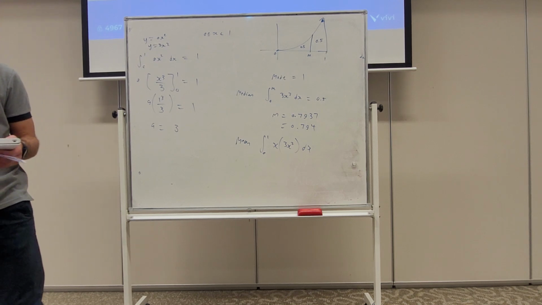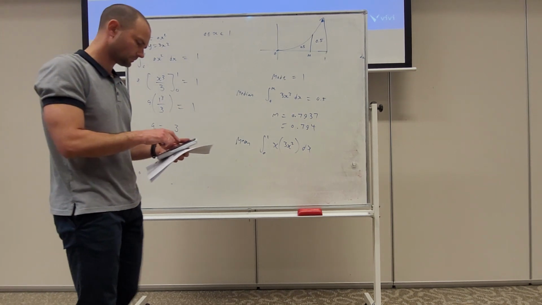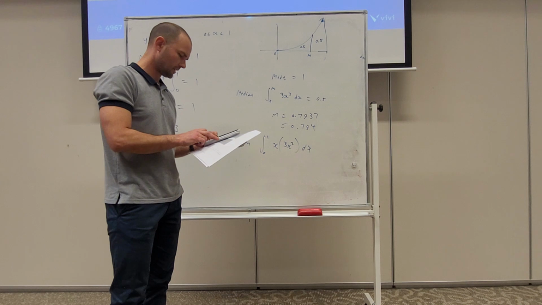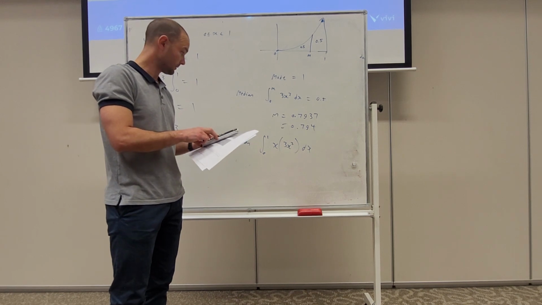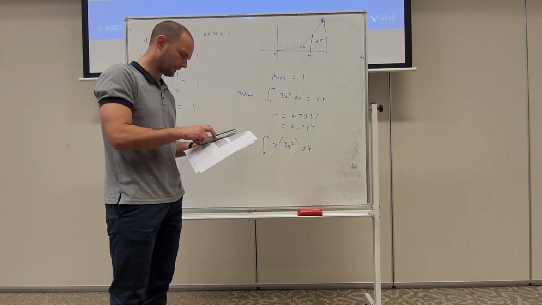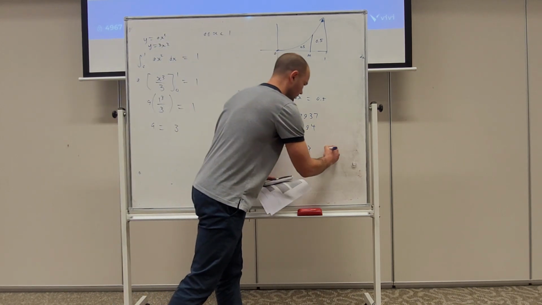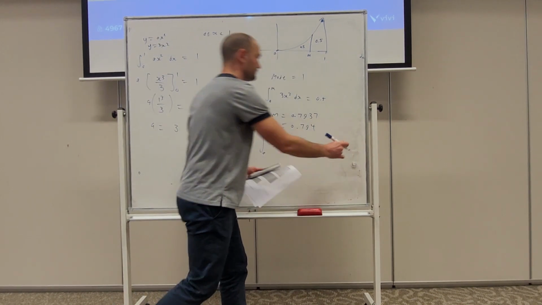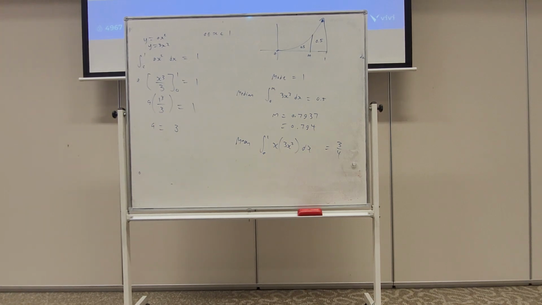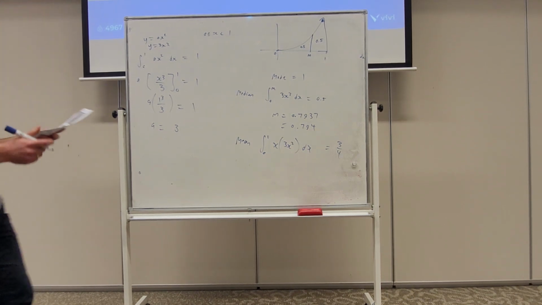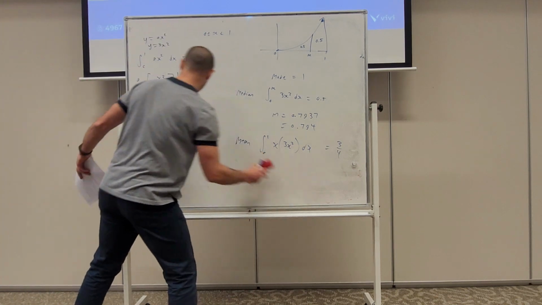So give it a punch. 3x to the 3, it'll simplify too. And I've got 3 on 4, 0.75. Okay, and then the last one is standard deviation. We've got 2 formulas we can use for the standard deviation.